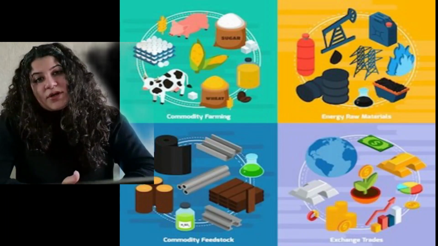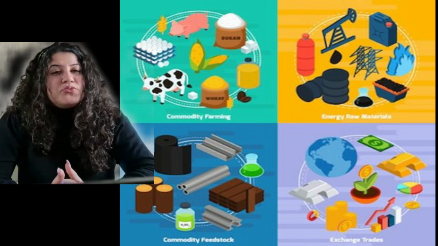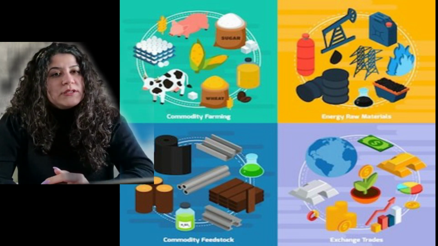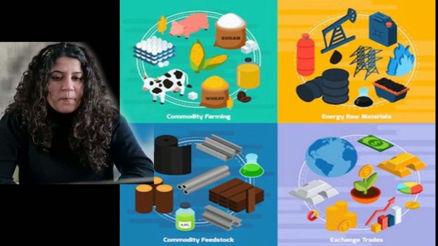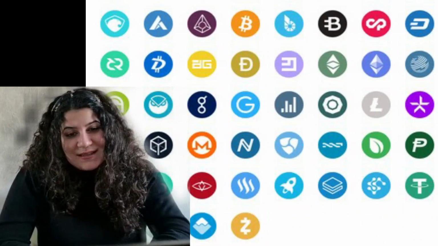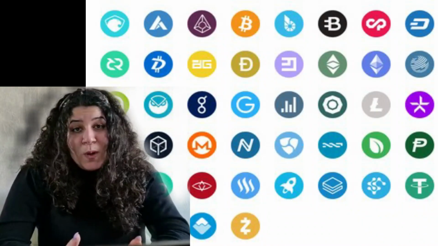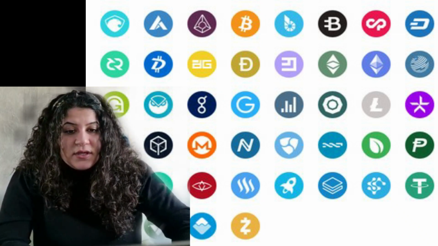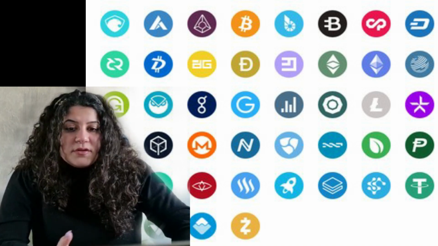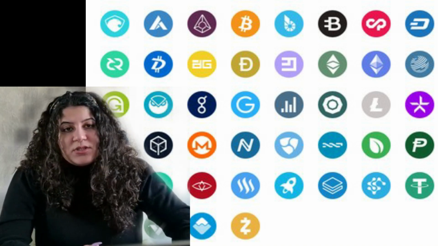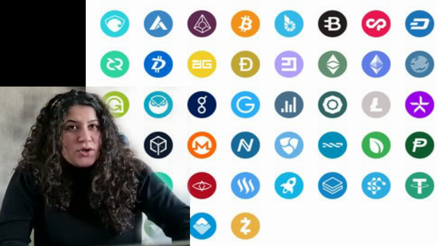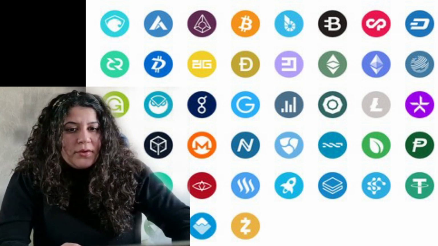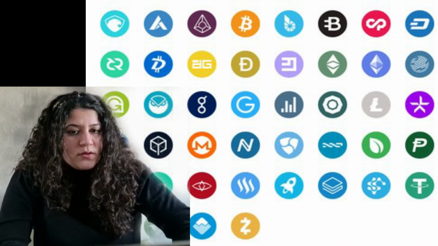A commodity market, think about the natural resources such as gold, grain, oil, and so on. The cryptocurrency market, which is so common nowadays as well, is a digital marketplace where investors can buy and sell various cryptocurrencies such as Litecoin, Bitcoin, Ethereum, and even way more.